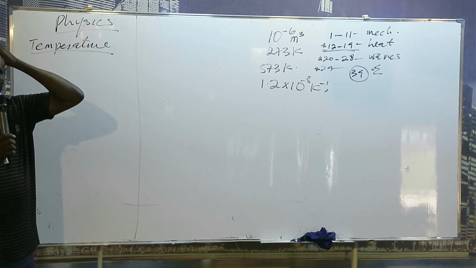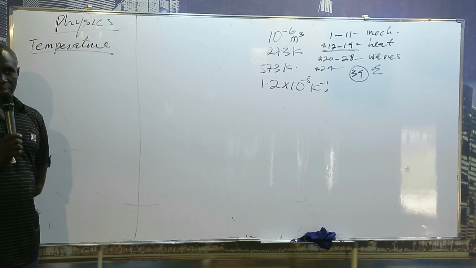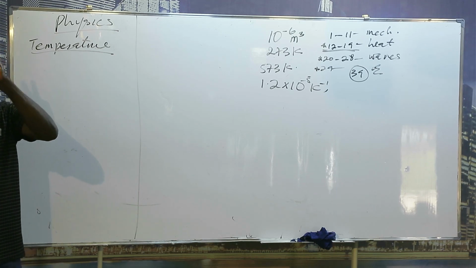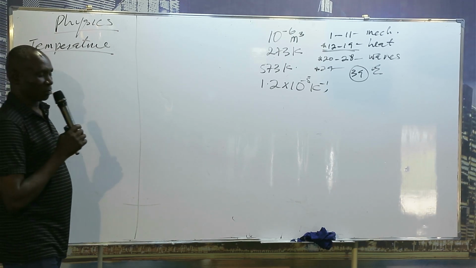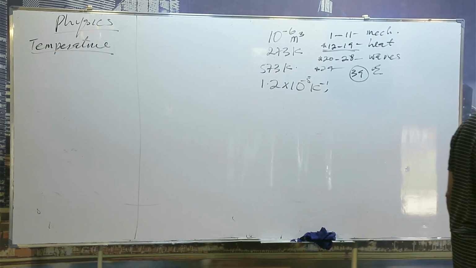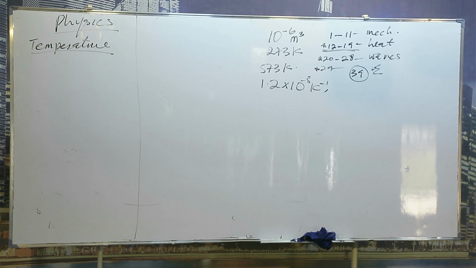Anybody? JAMB is 40 seconds per question. 40 seconds, not up to one minute. Anybody? Okay, I got your calculator that day in the exam.